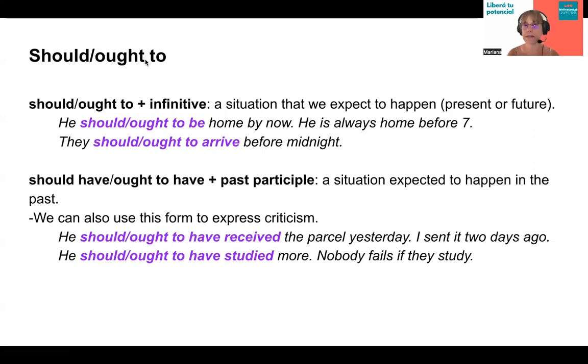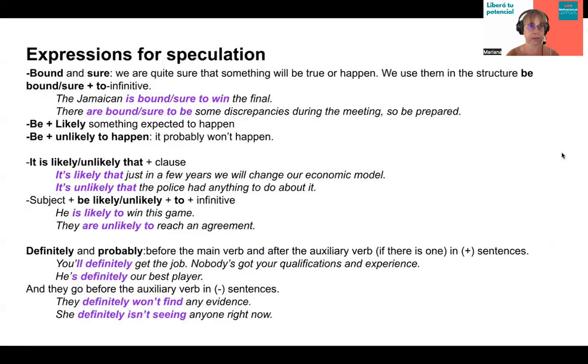And the same for the past with the same structure, okay, with have and the third column. So whenever you are speaking about the present, you use the infinitive or the be plus the gerund. Whenever you're talking about the past, you use the perfect tenses, with or without the continuous form, either way, depending what you're talking about.